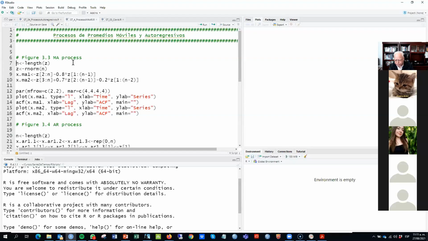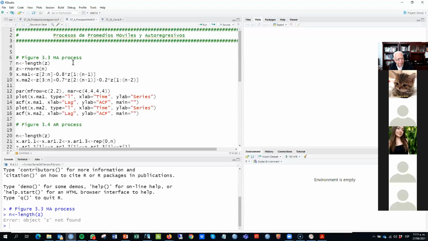Hold on a second. This is a very quick script. I'm setting n, oh, Z not found. I haven't generated Z.